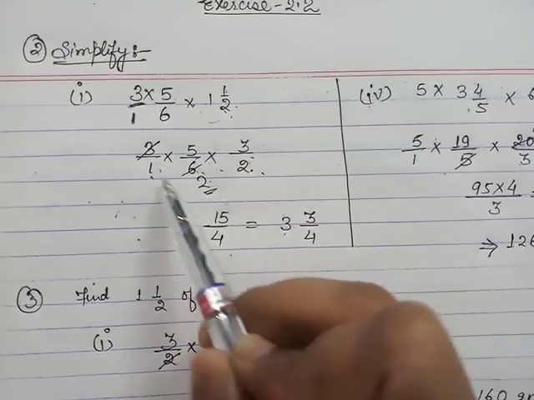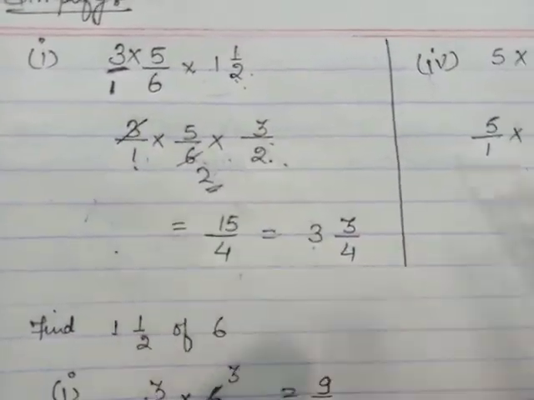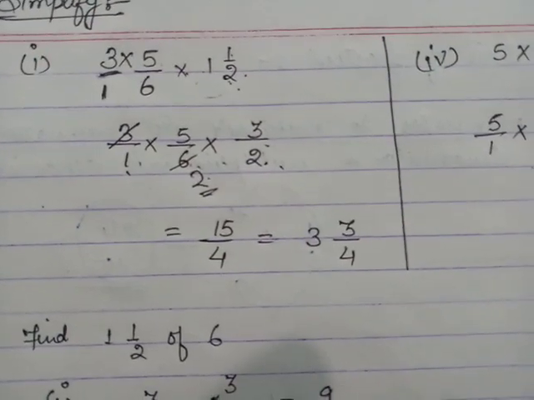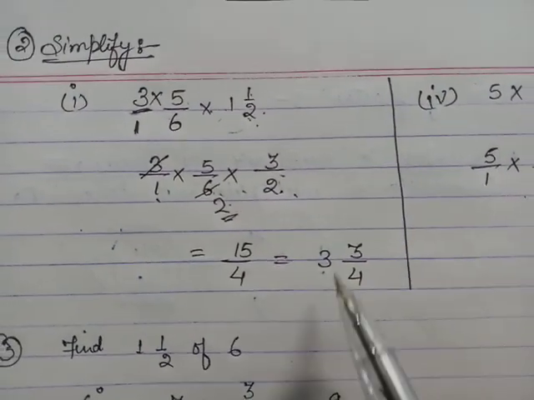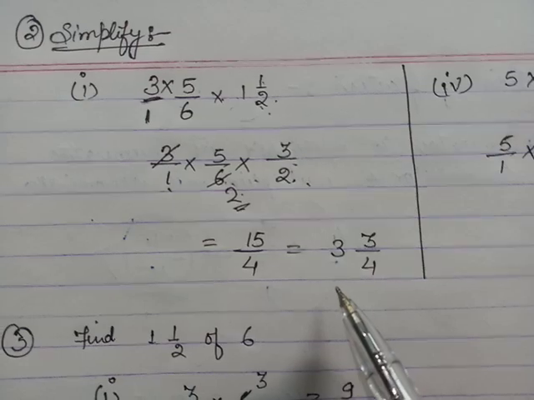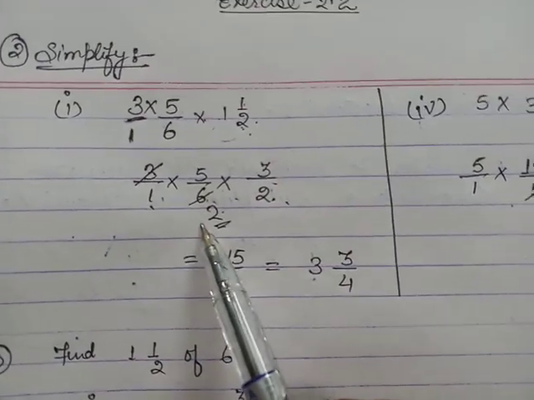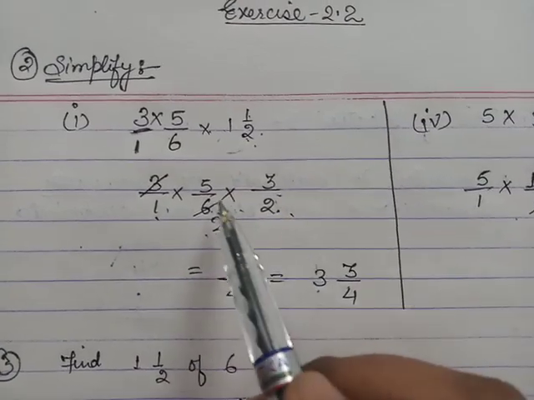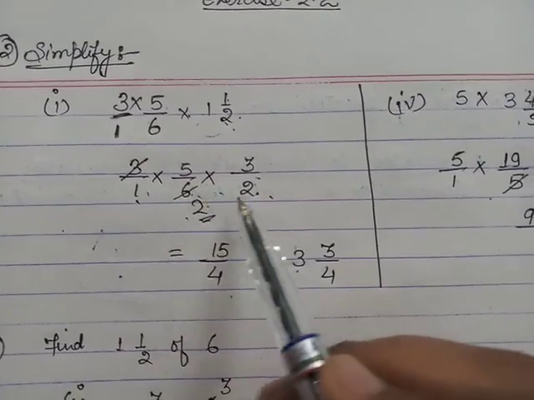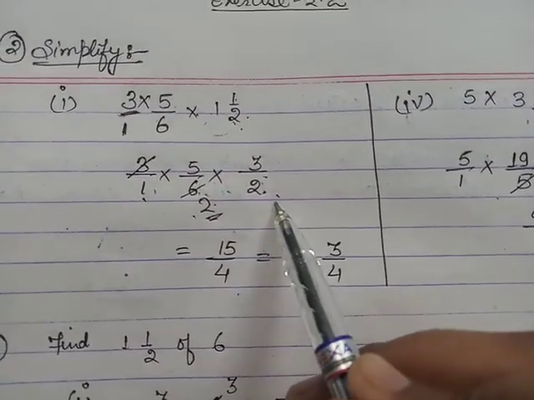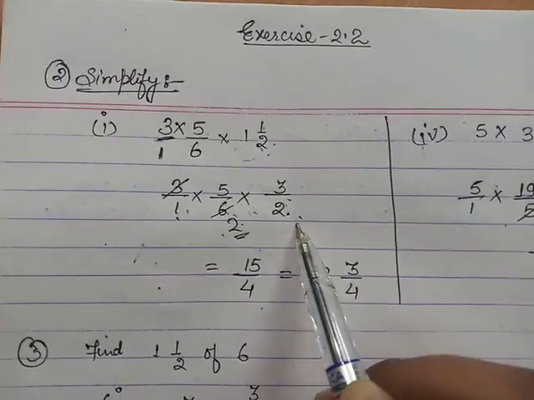If there is no other number which can be cancelled off, then we just multiply the digits. You know that in multiplication of fractions, we multiply the numerator value by the numerator value and the denominator value by the denominator value.